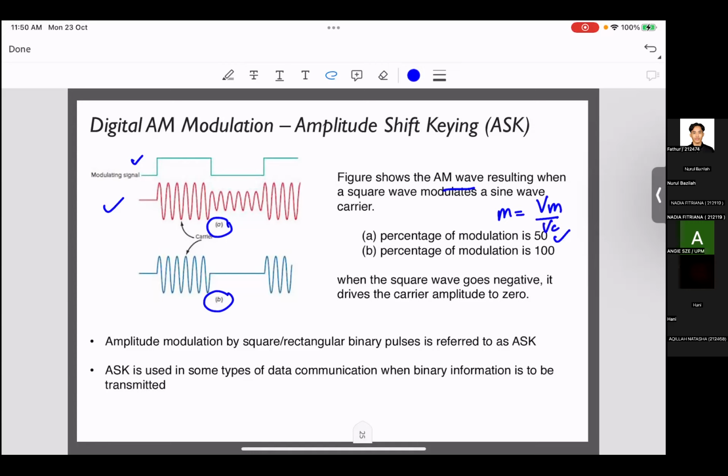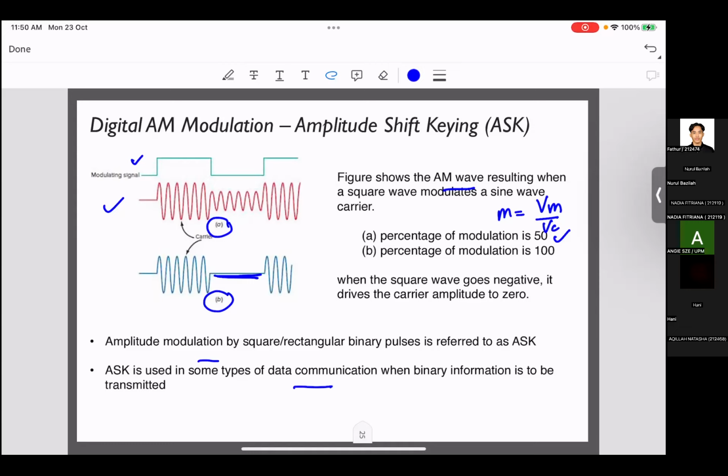And then in B, the percentage of modulation is 100. When we go for 100% modulation, it eliminates the carrier entirely, so you will be left with a straight line. Okay, so amplitude modulation by square or rectangular binary pulses is referred to as ASK. ASK is used in some types of data communication when binary information is to be transmitted.